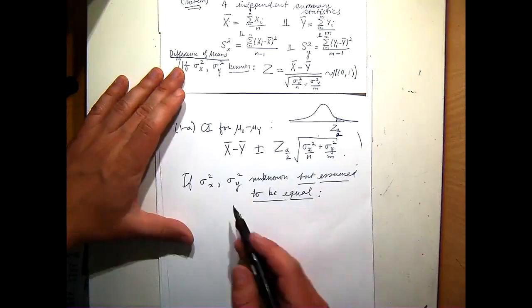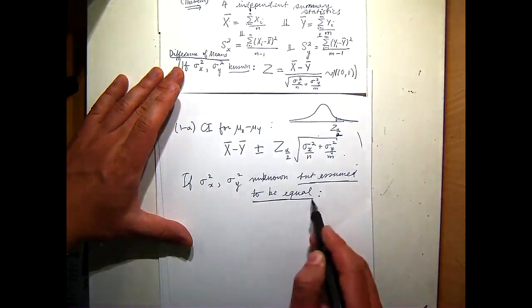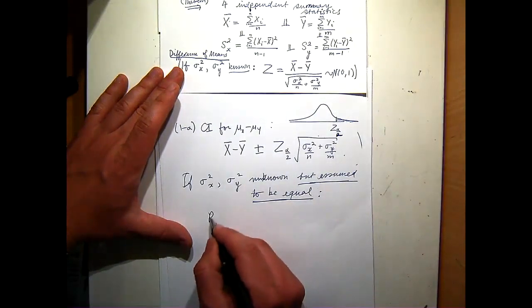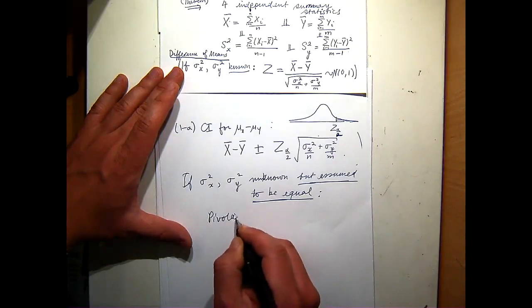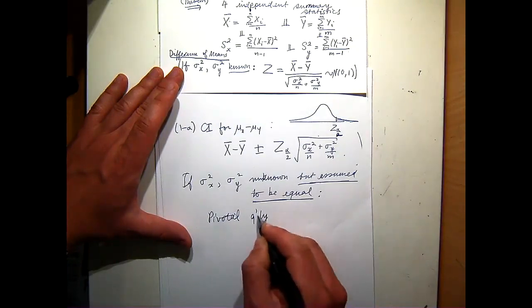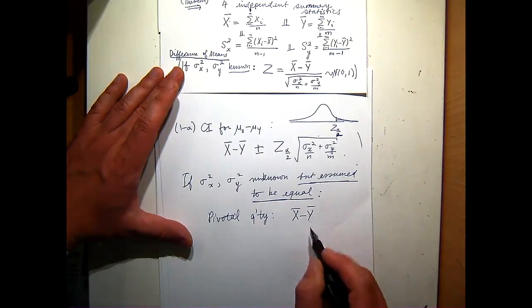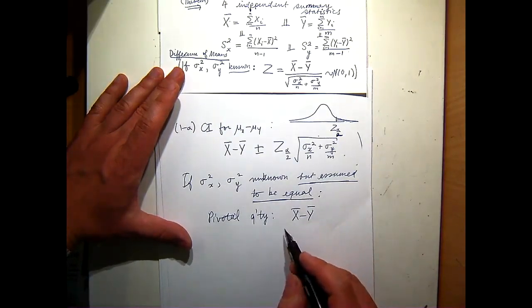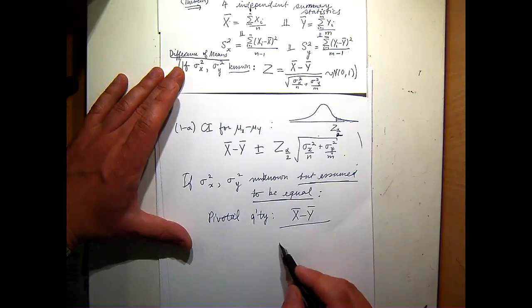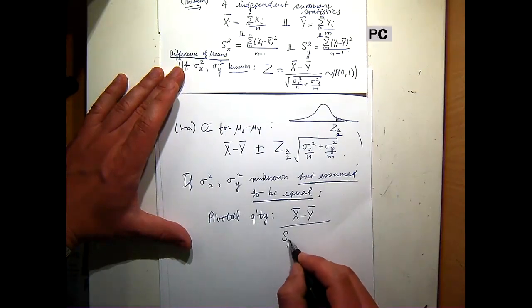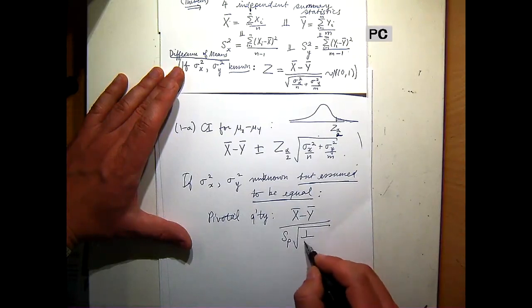The upshot of doing this nice assumption is you get a very nice pivotal quantity. And I want to show you how you get this pivotal quantity. X bar minus y bar, so that has a certain normal distribution, divided by, well, I'm going to call it S_P. You'd be familiar with it from first year.